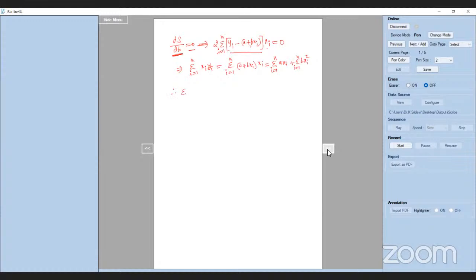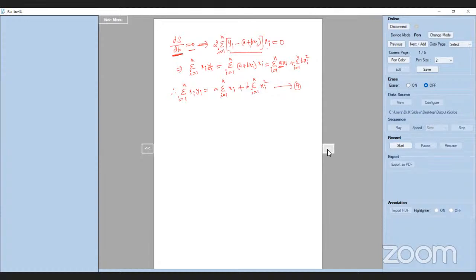Therefore, summation i equal to 1 to n xi into yi is equal to, take a out, a into summation i equal to 1 to n xi, plus b, take out b because b is a parameter, summation i equal to 1 to n xi whole square. A and b are parameters. Give equation number 4 for this one.